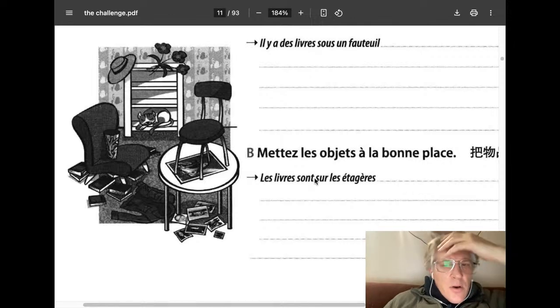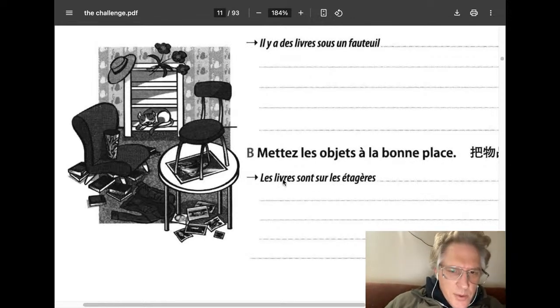Les livres sont sur l'étagère. Okay, so the books are on the shelves. Le chat est, le chat est, is it just A? Yeah.